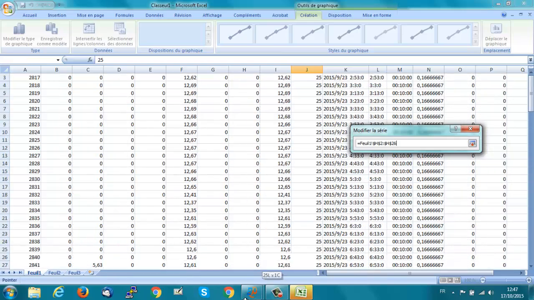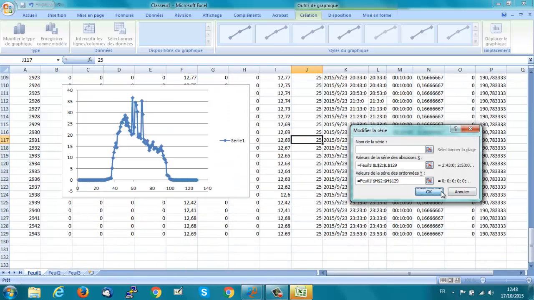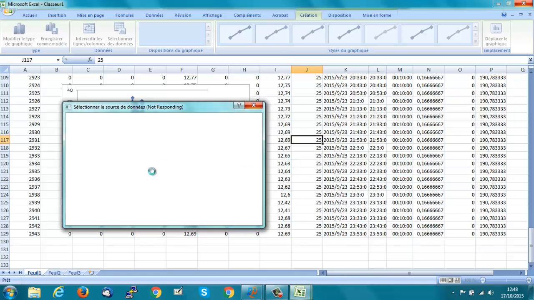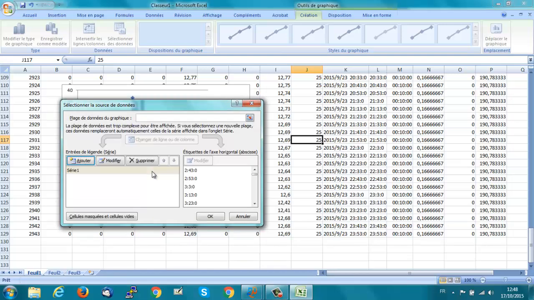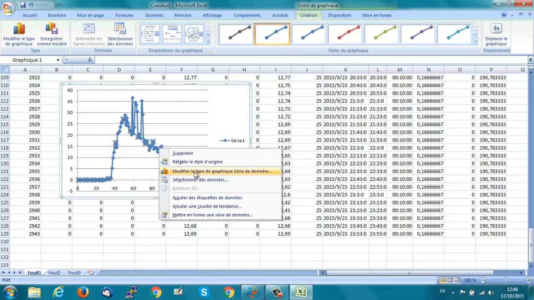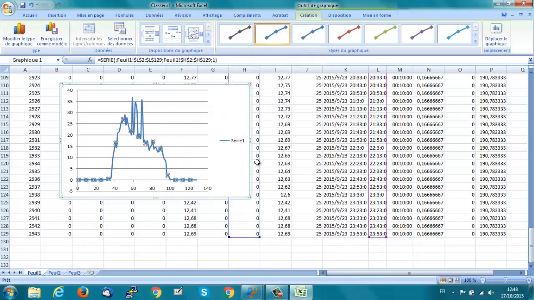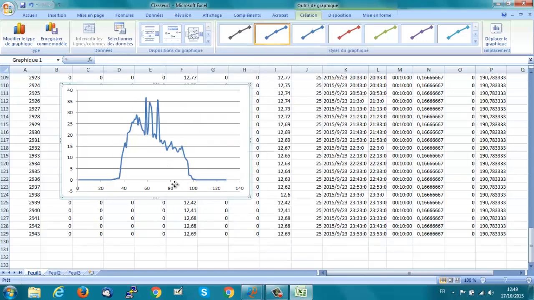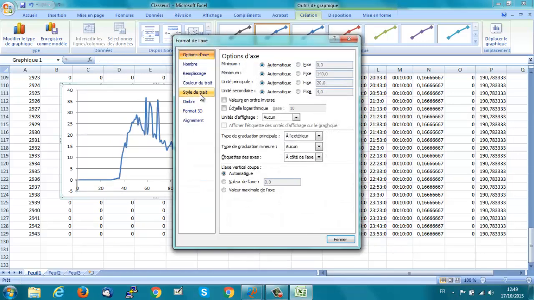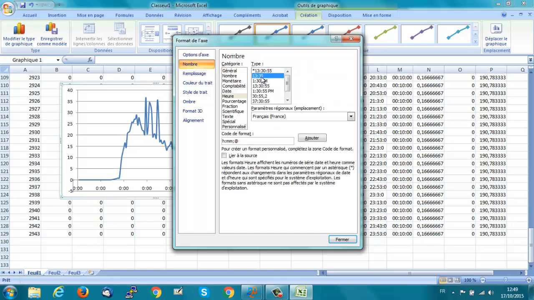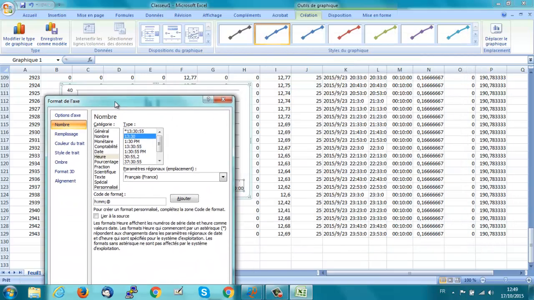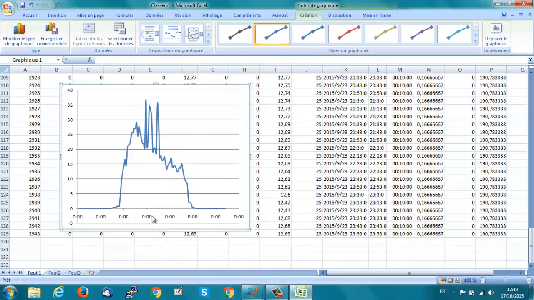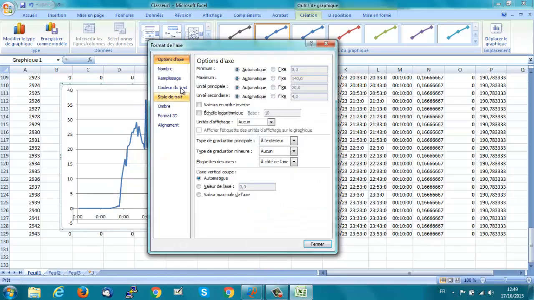Here's the time on X and number of amps on Y, and it's going to be displayed nicely. Okay, here we go. So I remove the markers. So what I'm going to do now is make a nice graphic, and we're going to spend some time understanding what's going on. All right, that's what's going to happen next.